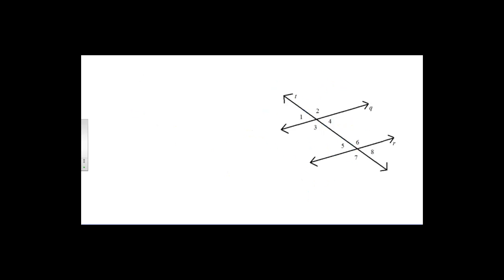Now that we know what a transversal is, we can talk about different types of angles that are created by a transversal. The first two types are interior and exterior angles. The names interior and exterior angles give away exactly what they're going to do. If I have my transversal T that is intersecting two other lines, R and Q, I've created 8 different angles here.